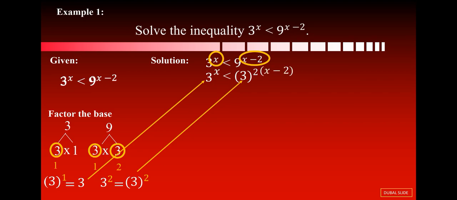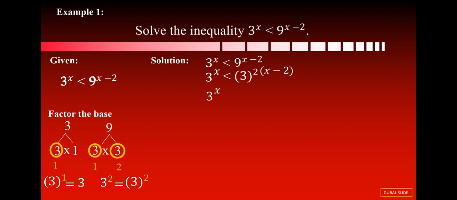So after this, we are still going to copy the numbers, which is 3 to the power of x, together with the inequality and this number.